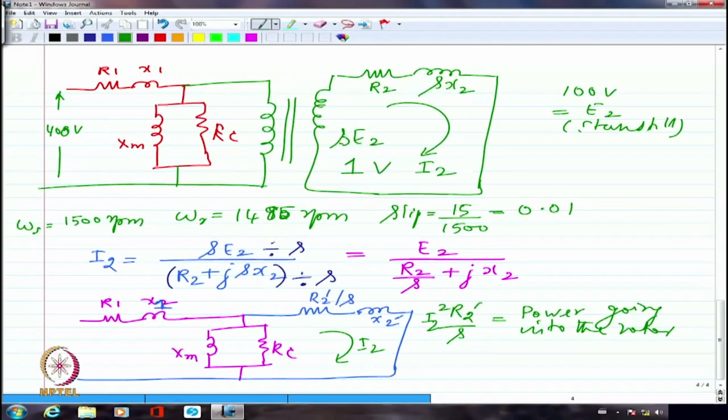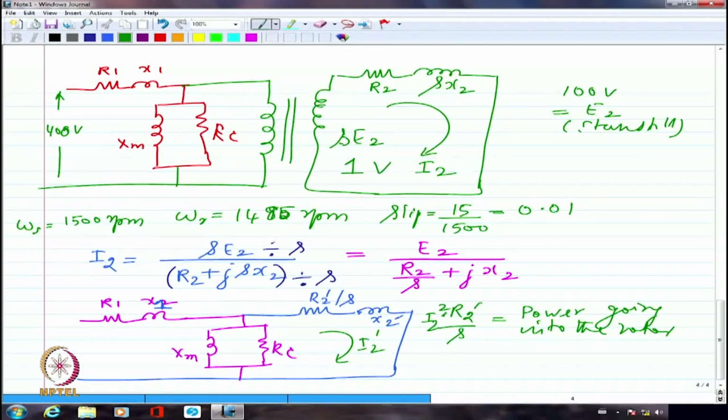Of course, everything we are talking about per phase. I2 is actually the current that is flowing. I2 square multiplied by R2 dash by S will be the overall power, that is I2 dash rather. I2 dash square R2 dash, right? All of these are dash. I2 dash square R2 dash by S is the power that is actually entering into the rotor.